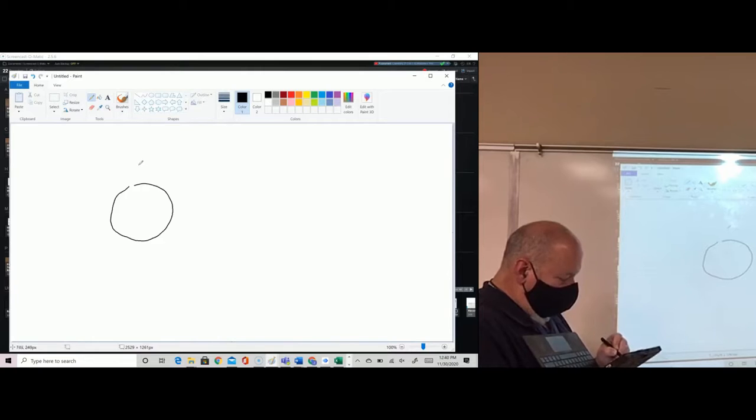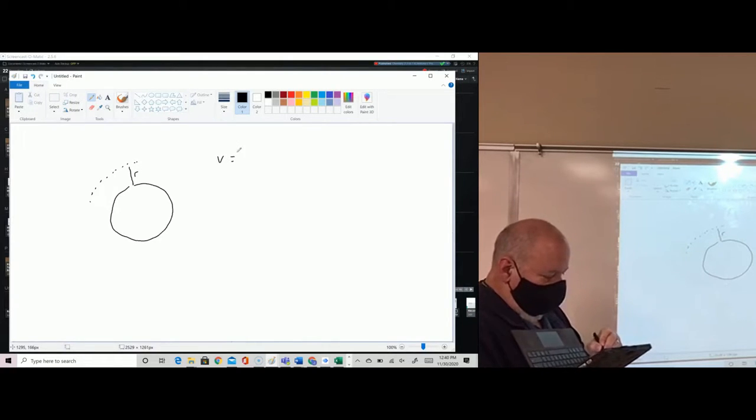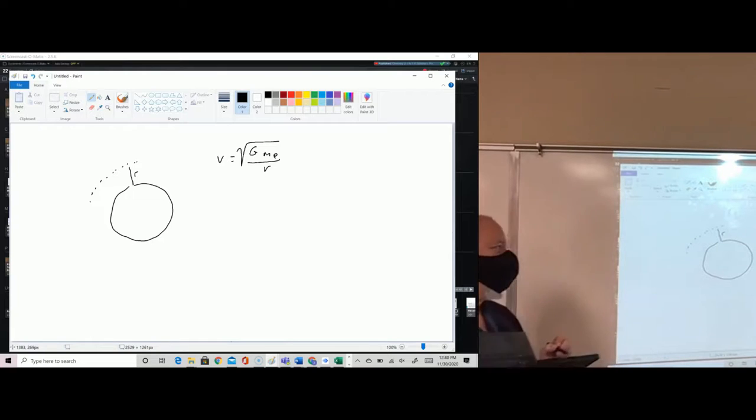If I have a satellite in orbit around the Earth at whatever this radius is, that velocity formula, V equals the square root of G mass of the Earth over R, is for that particular radius.